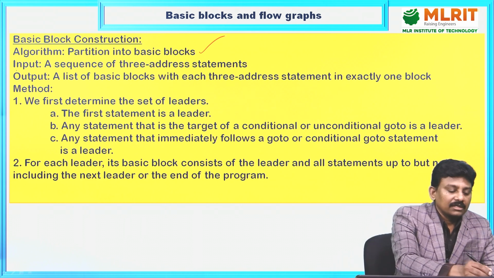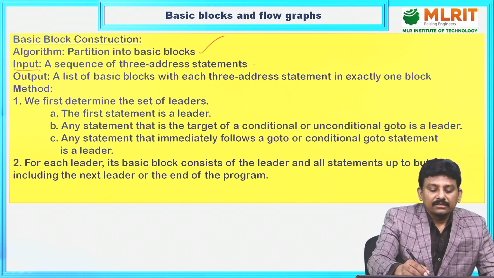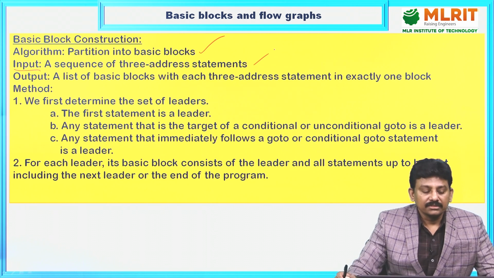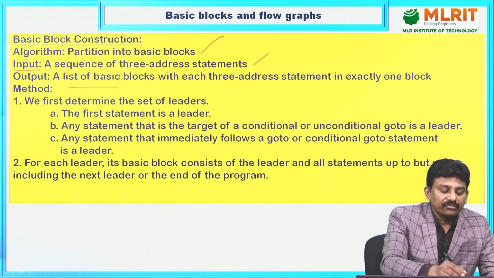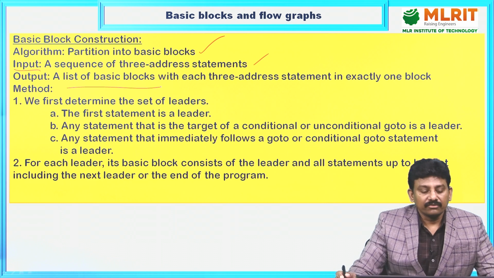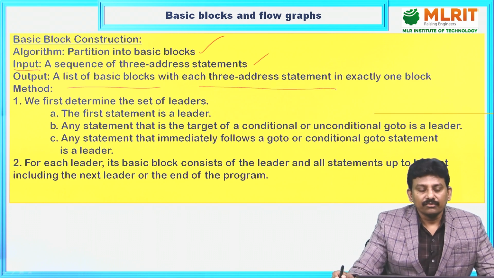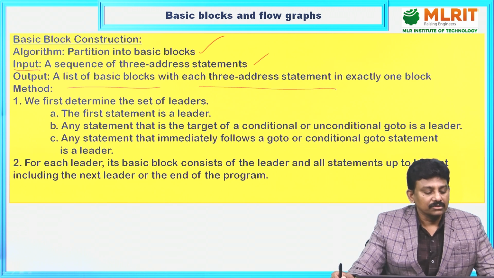Here the algorithm to find the basic blocks is explained. The input is a sequence of 3 address statements and the output is a list of basic blocks. Each basic block contains a set of 3 address statements, and each 3 address statement belongs to only one block, not more than one.